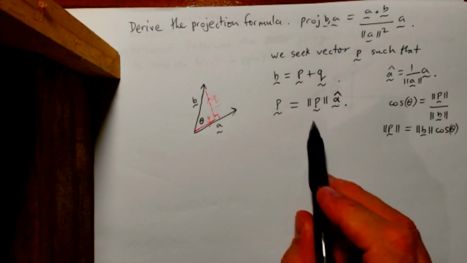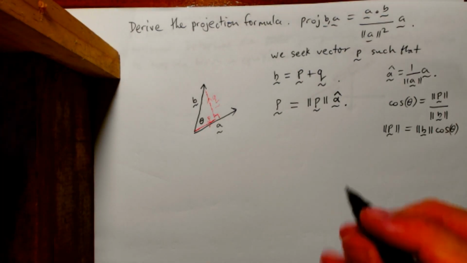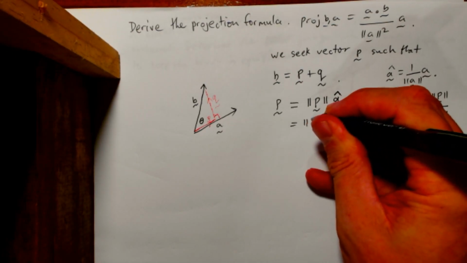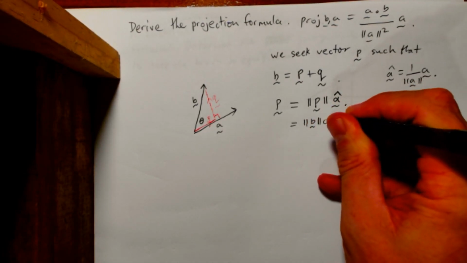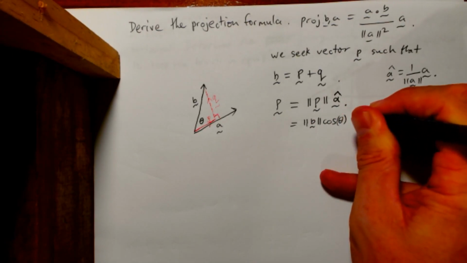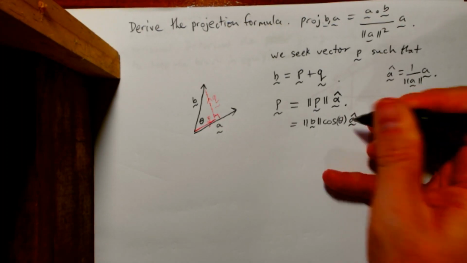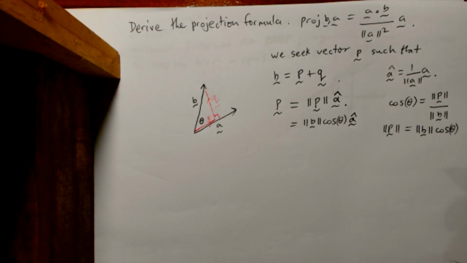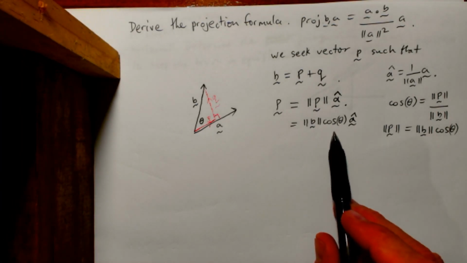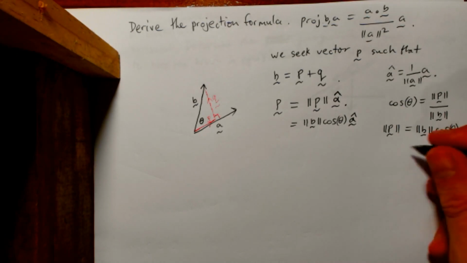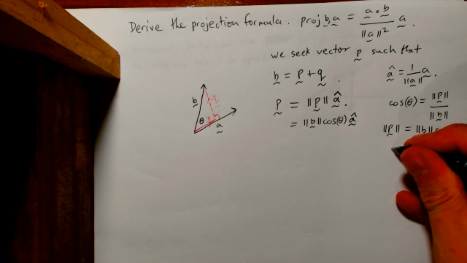Okay, so next I want to substitute that in here. We've got the norm of B cos theta times A hat, the unit vector in the direction of A. And again, unit vector means that it has norm or magnitude equal to 1. Now we've got another formula to replace cos theta, because remember, this relates to the dot product with the following formula.